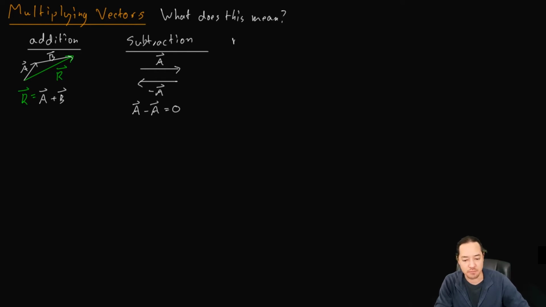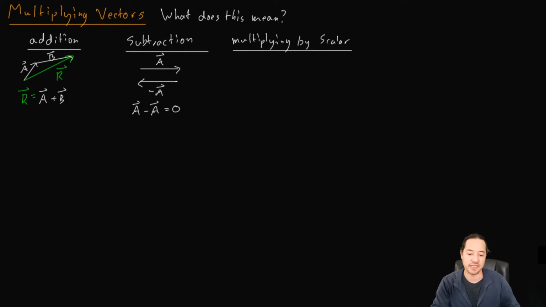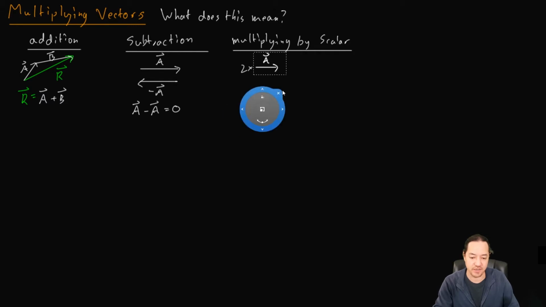Finally, we also looked at multiplying a vector by a scalar. For example, we might have a vector A and multiply it by 2. What does this mean? It means we're doubling the length of the vector, so we're changing the magnitude.